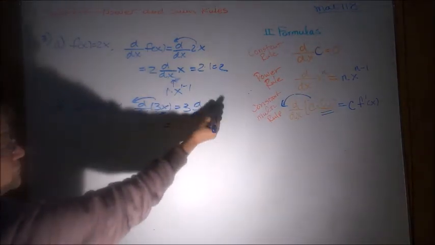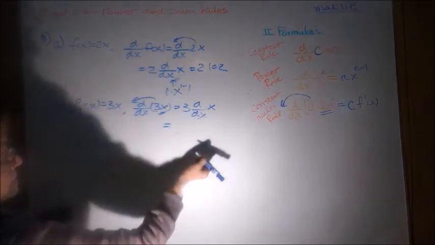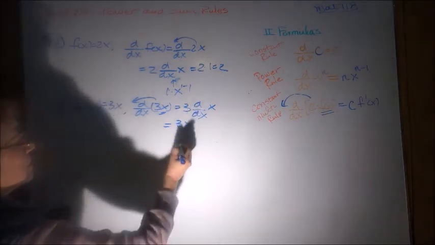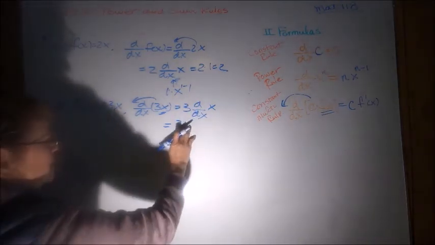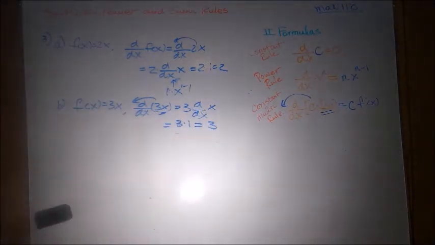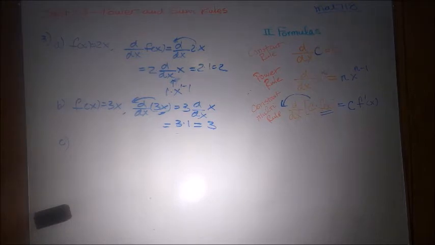And derivative of 1 power becomes 0 power, and just like that, right? It becomes what? Oops, x is gone. It's 1, so it's what? 3. Right?